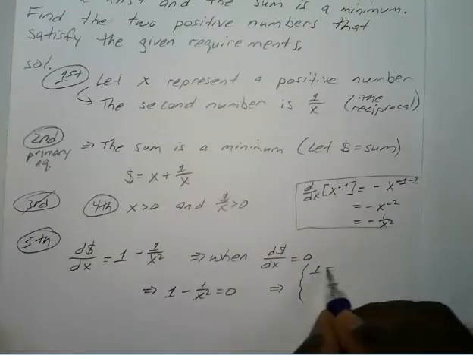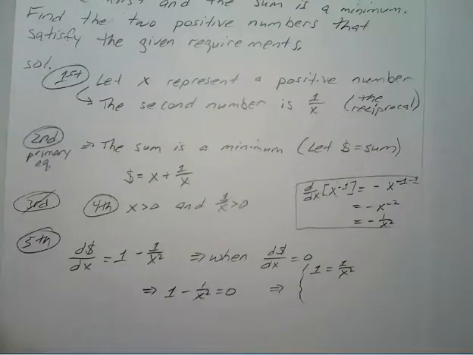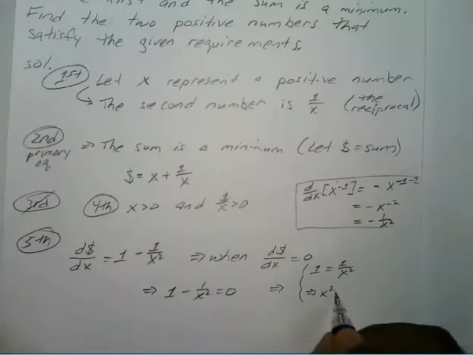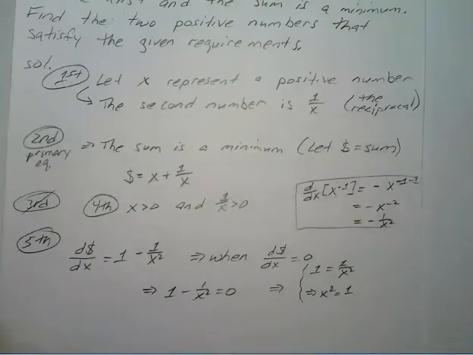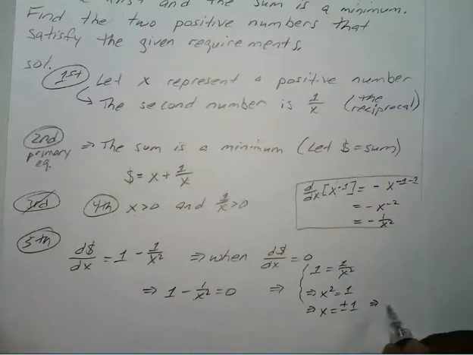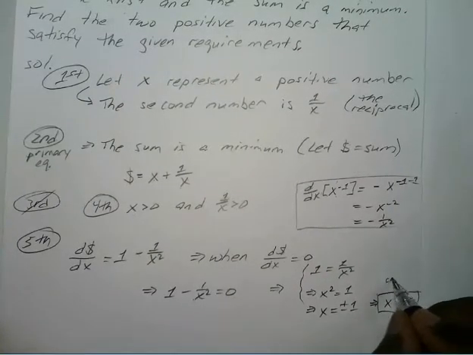That's 1 equals 1 over x squared. So if we multiply x squared to both sides, we end up with x squared equals 1. Square rooting both sides, we have x is equal to positive or negative 1. But since we know that x has to be positive, that means x is just equal to 1, which is our critical number.